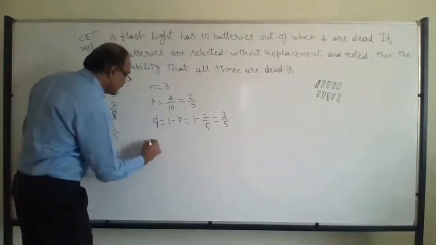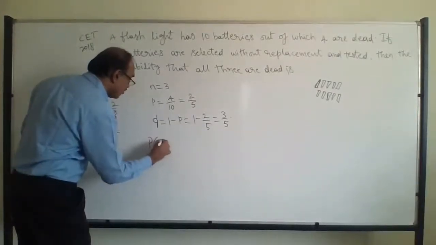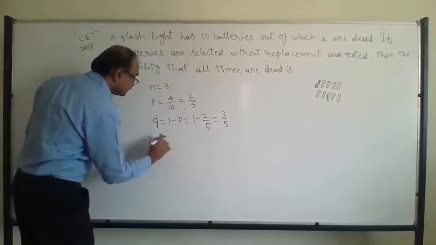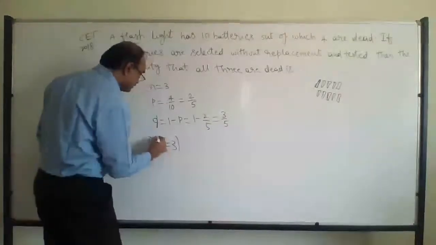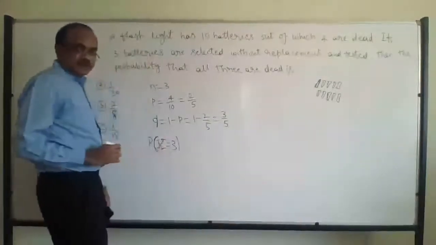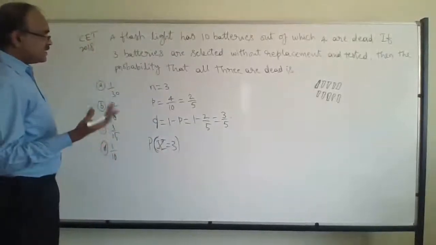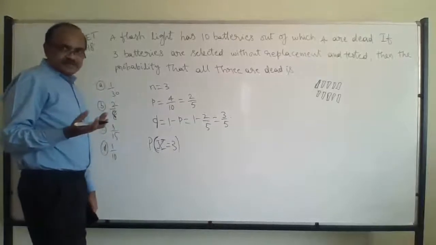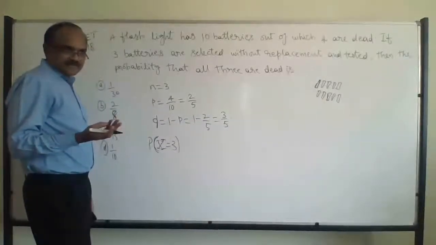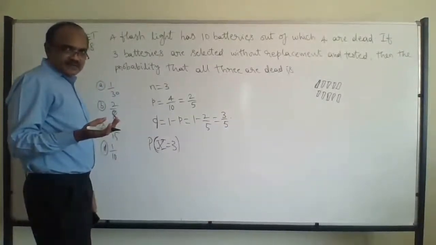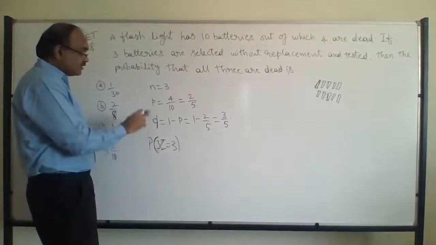Now the question is, what is the probability that you get all 3, so X is 3. Your dead batteries could be how many? If 3 batteries are selected, maximum 3 actually. So what is the probability that all three are dead?